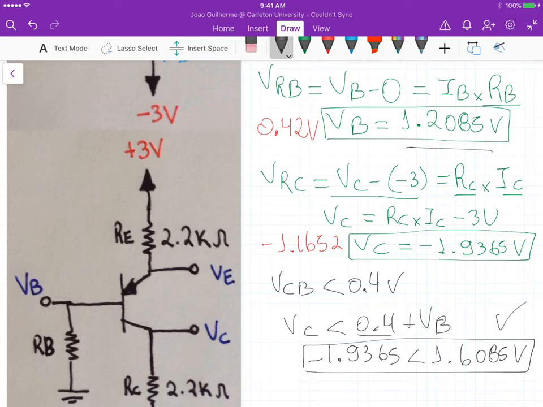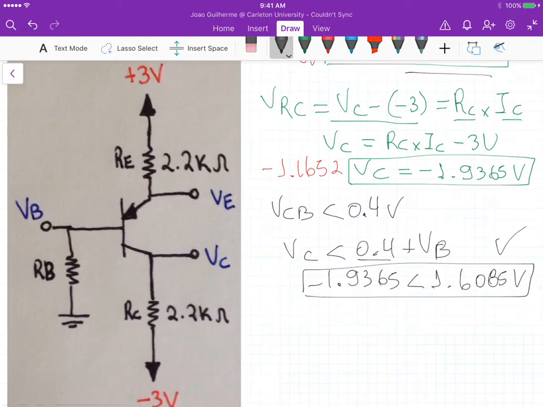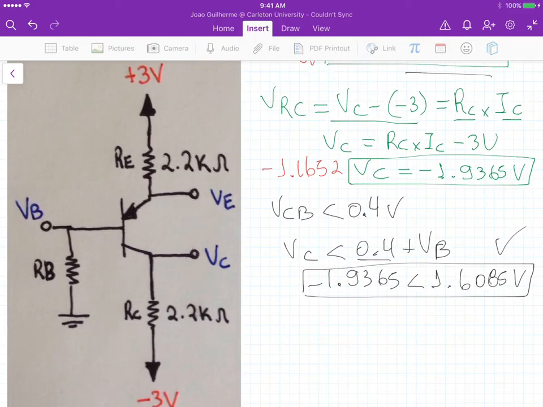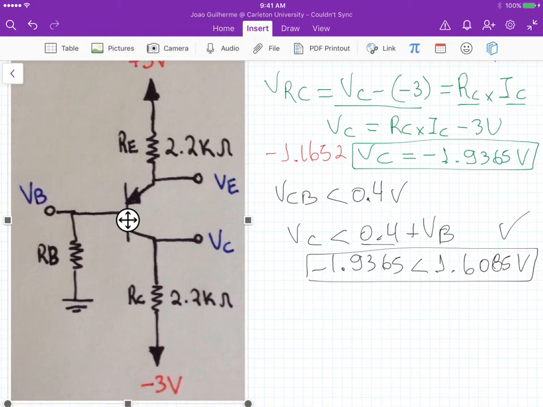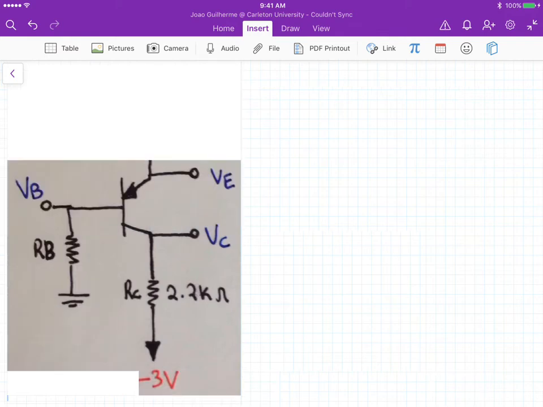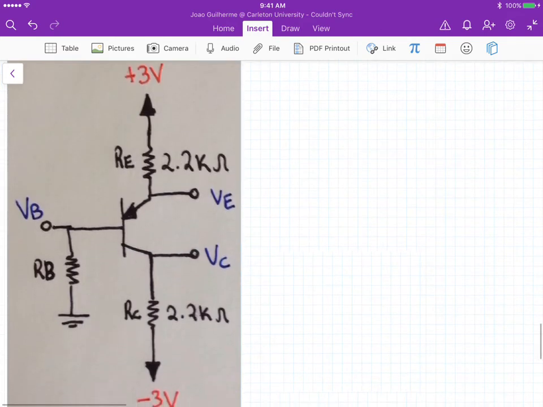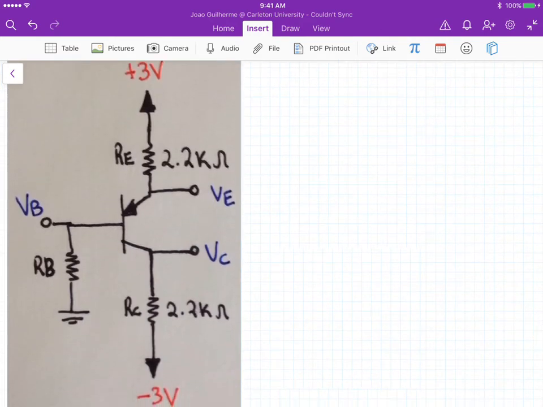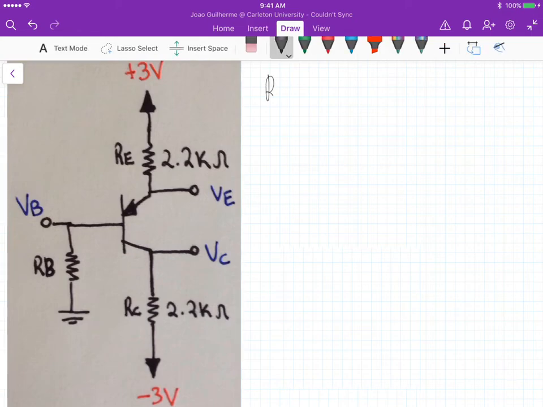Now part C, remember, we have changed the value of RB. So let me just copy this one here again to a new page. So we have changed RB to 100K.